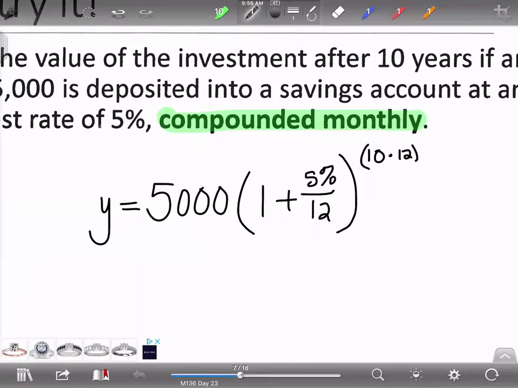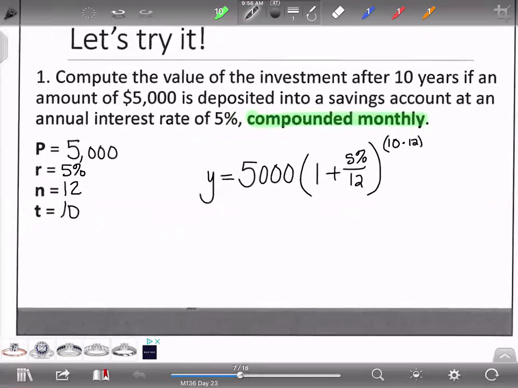You have to be really careful when you type these in your calculators. You're going to start off with 5,000, parenthesis 1 plus 5% divided by 12. Close your parenthesis. Then your caret key, parenthesis 10 times 12, close your parenthesis.